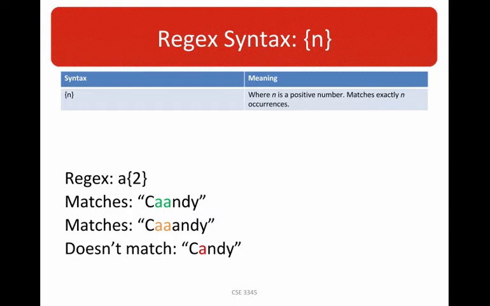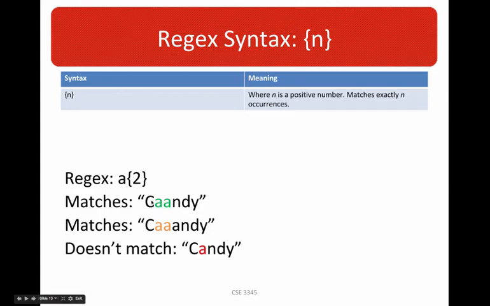Now, here's something else that's special about regular expressions, and that is being able to capture repetitions. What regular expressions provide is a curly brace followed by an n, followed by a closing curly brace. And what it'll do is match what precedes it by this number amount. And n has to be a positive number, and it's going to match exactly that number. So if we look right here, we're going to match the letter A 2 times.